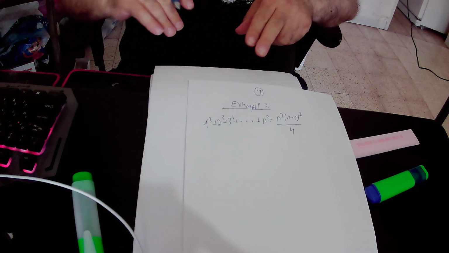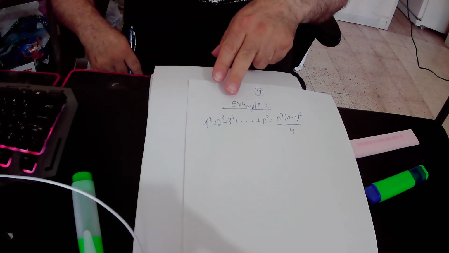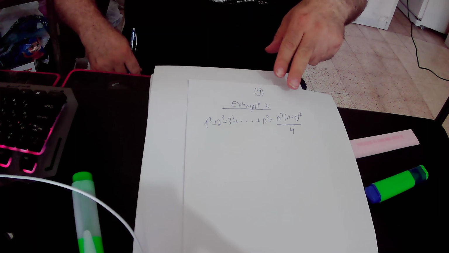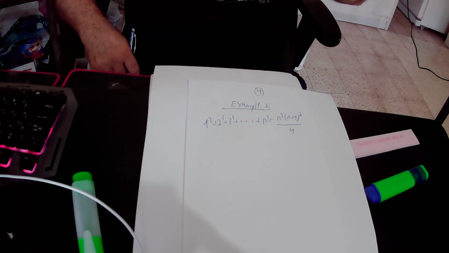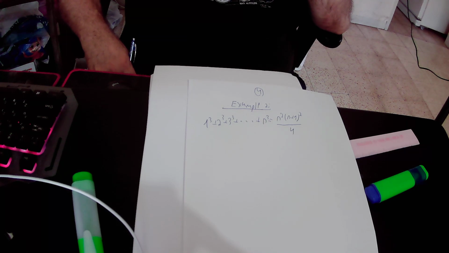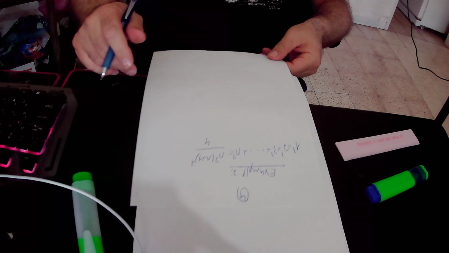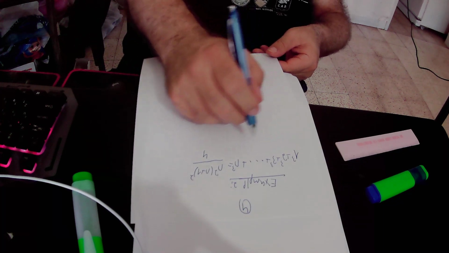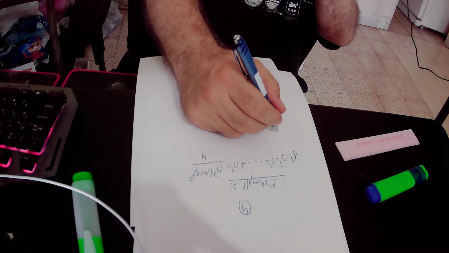Again, we must prove that 1 to the power of 3 plus 2 to the power of 3 plus 3 to the power of 3 plus n to the power of 3 equals to n squared times n plus 1 squared, all divided by 4. So we'll start with the first stage. That is to say, we'll check that this statement is true for n that equals to 1.